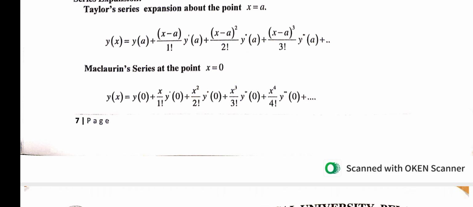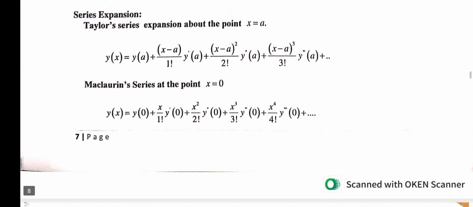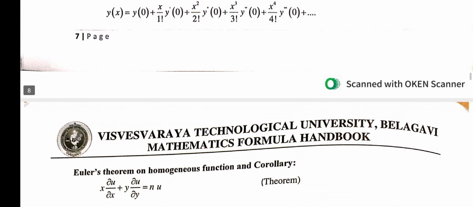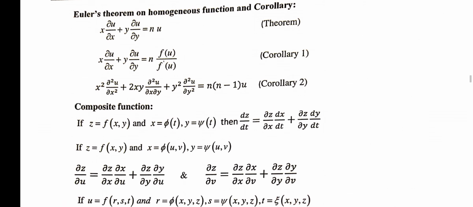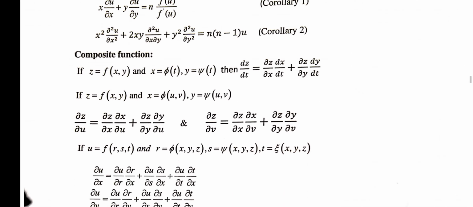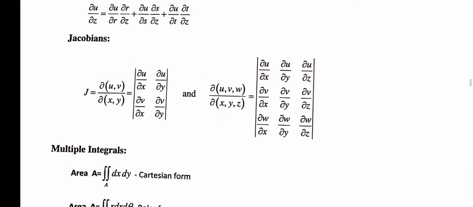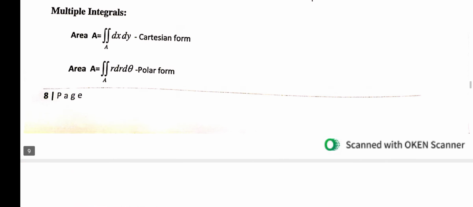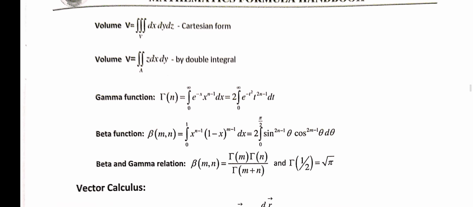Maclaurin's series is perfectly correct, and Taylor's series is also perfectly correct. For the homogeneous function and Euler's theorem, when the question comes, it is not mandatory to know how to apply all these formulas.